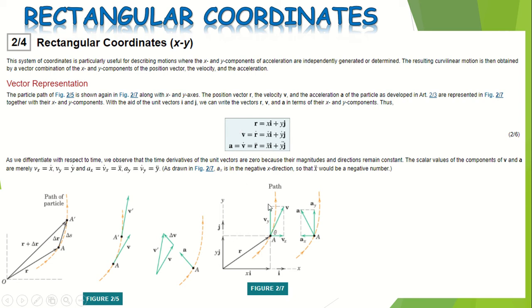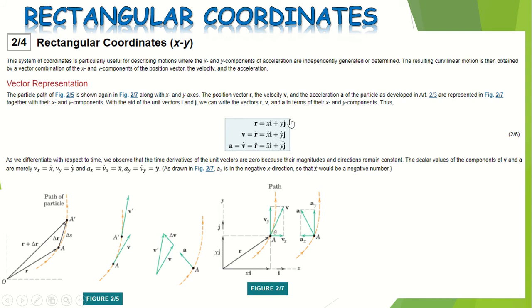Since we use only the x and y coordinates here, the rectangular coordinates, we can write the vector r in terms of the unit vectors. It is written as r equal to x i plus y j. This is the x component, this is the y component, and v and a are in terms of their x and y components as well.